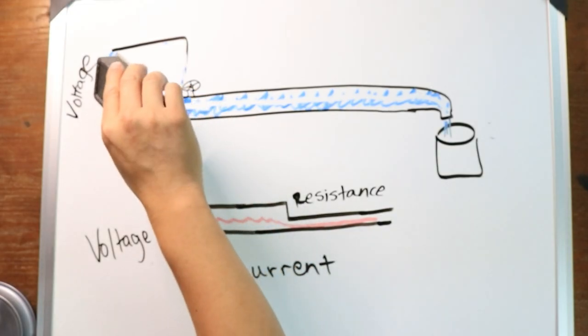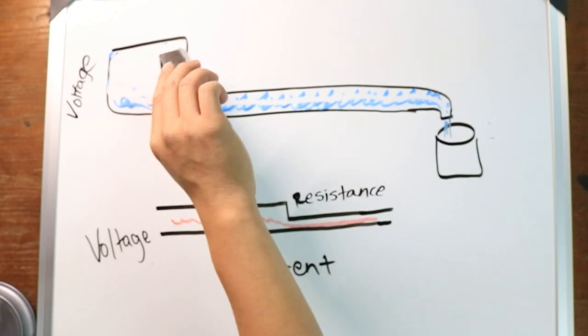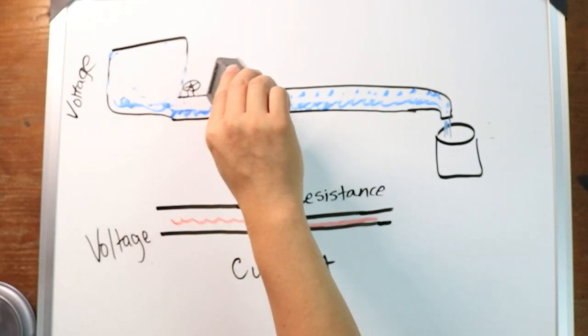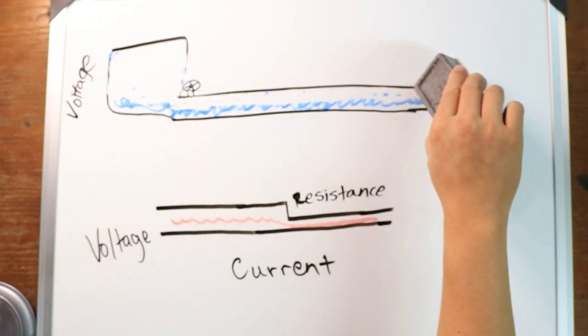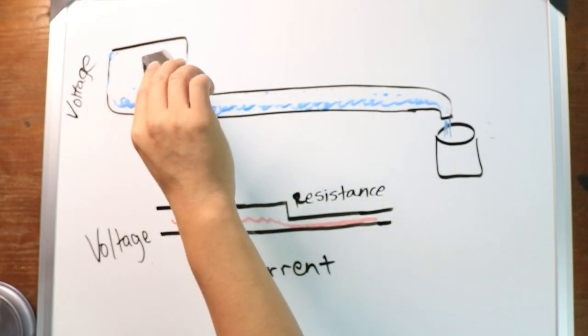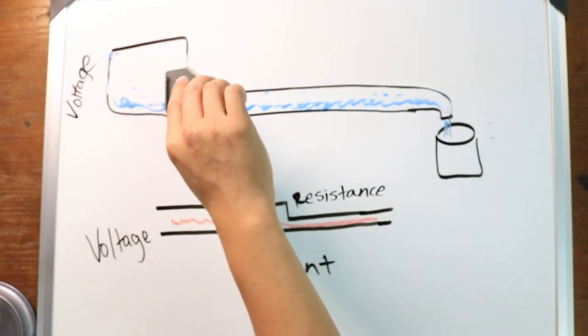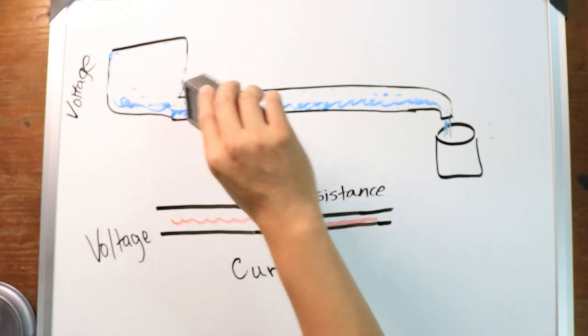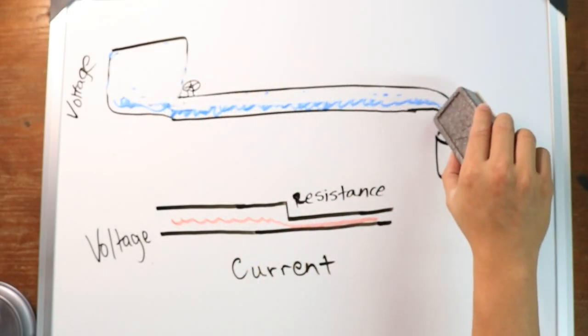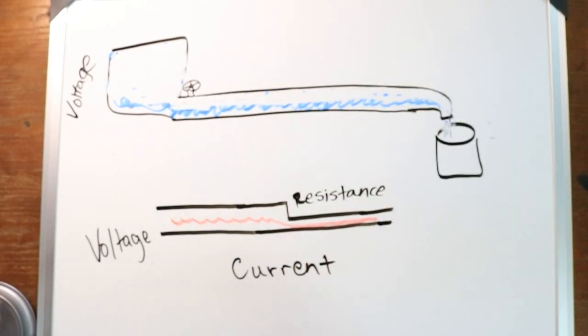Since there's little water in here, when you open that valve, not that much water is going to flow out because there's not that much pressure built up. So when you open the valve, it's going to flow slight water coming out, and it might drip because there's no pressure. So that's the voltage.